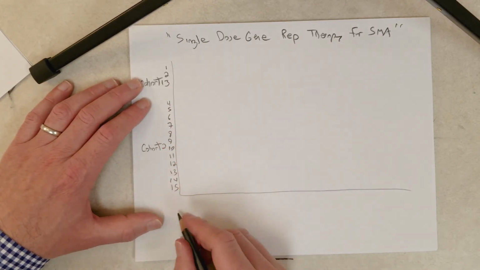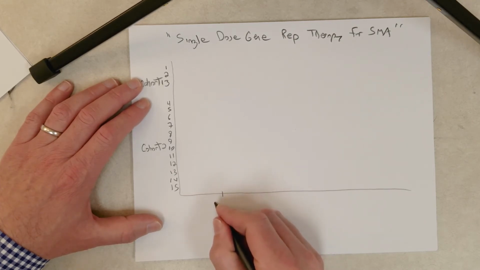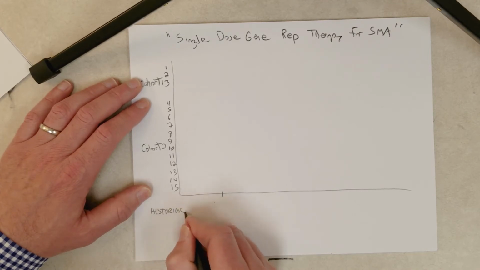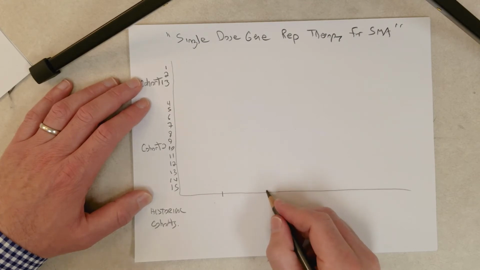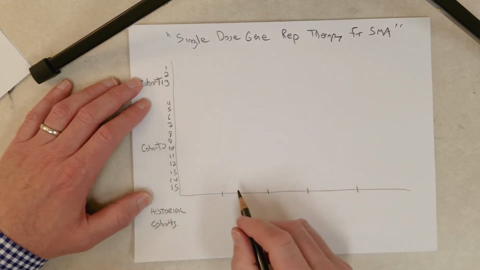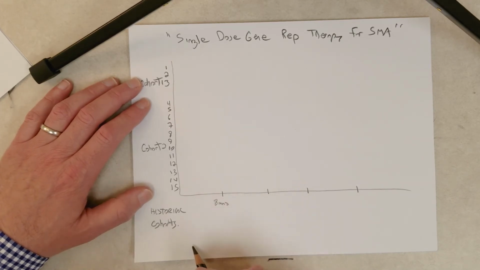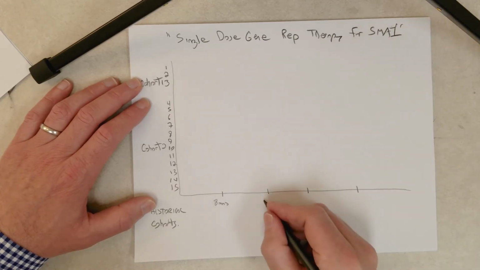And down here on the x-axis, what they showed was the data from historical cohorts. Now, this historical cohort, what that is you look through medical records and you see what is the normal phenotype or disease progression in patients with spinal muscular atrophy type 1. I'll change that to SMA1.